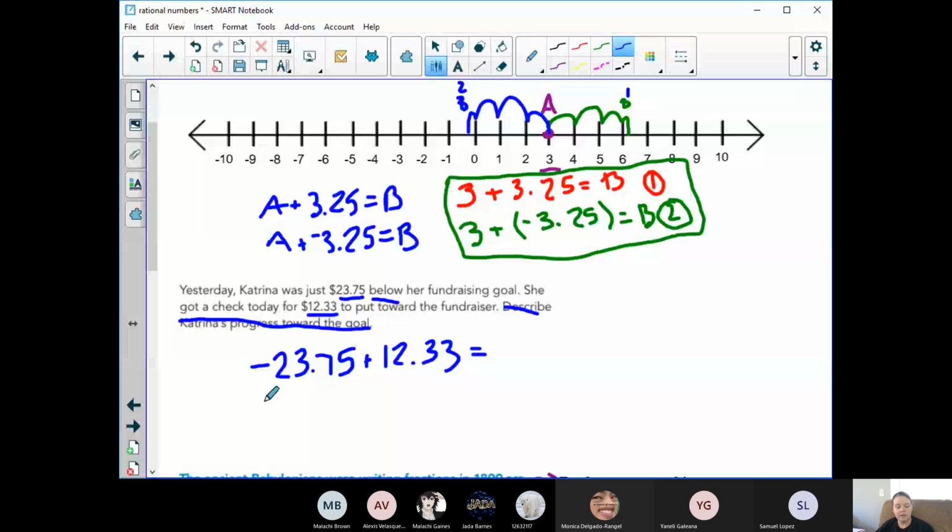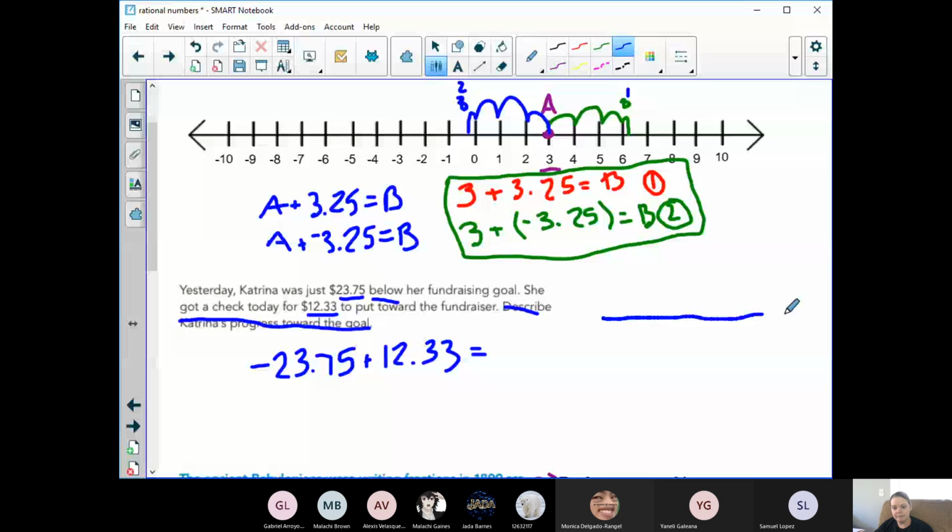So if I take a negative 23.75 and add to it 12.33, is my number going to get further away from 0 or closer to 0? Right, it's going to get closer because we are moving right on the number line, okay?